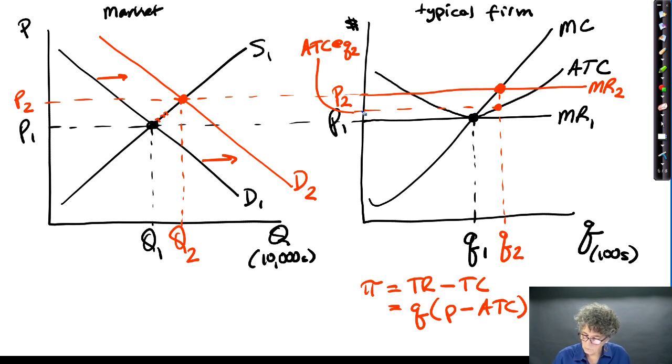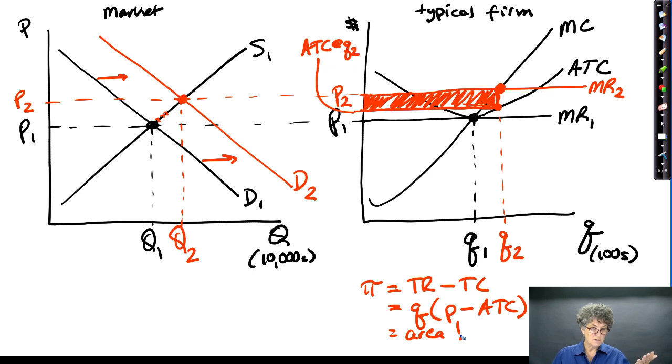So what we have is a rectangle, the base of which is the quantity Q2, the height of which is the difference between the price P2 and the average total cost of producing that quantity Q2. The area of this rectangle is equal to the profit that's enjoyed by the typical firm.